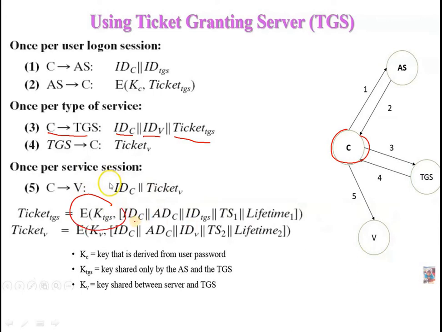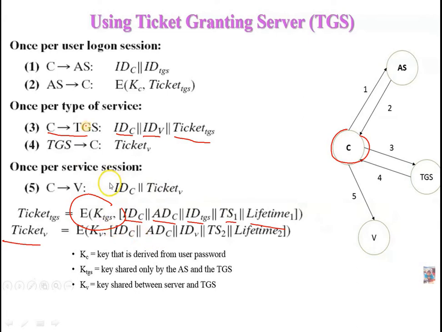After decrypting, it knows that it was sent by the client C. Along with that, it checks the network address, ID TGS, and its session time and lifetime. Next, the TGS also generates one more ticket, called ticket V.